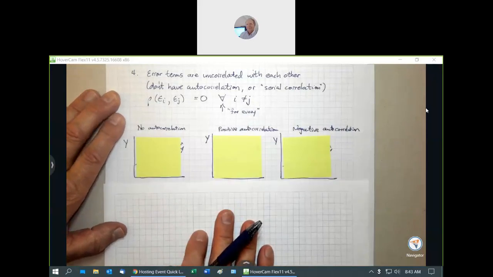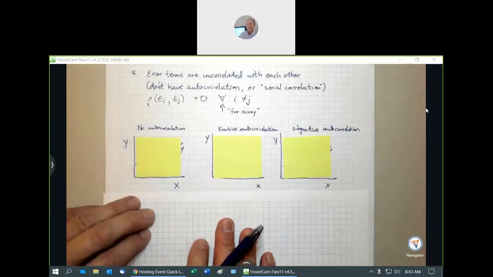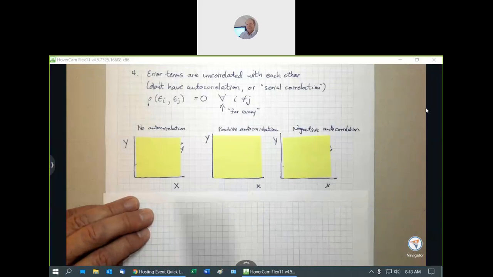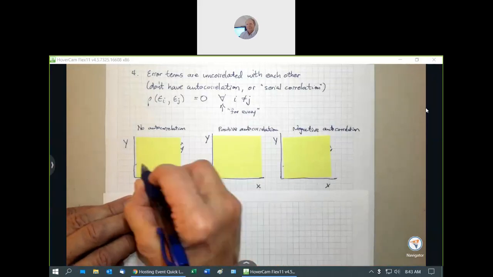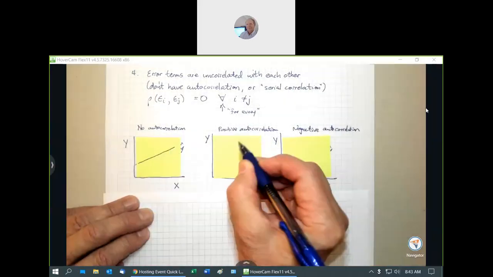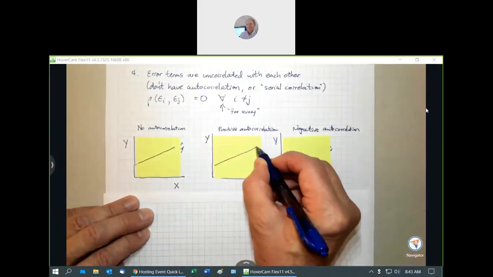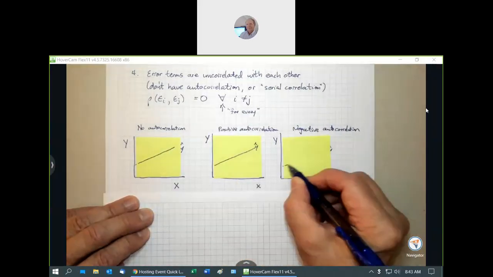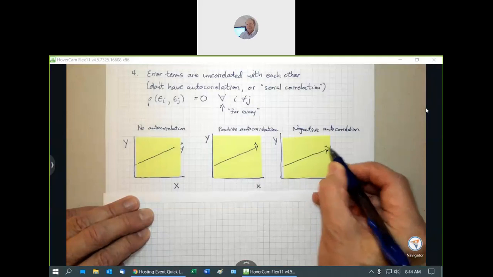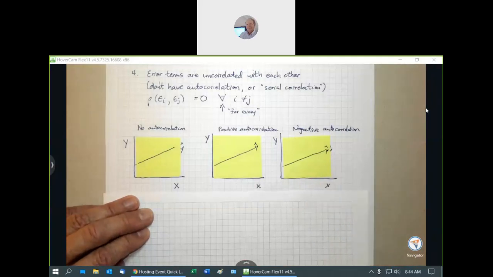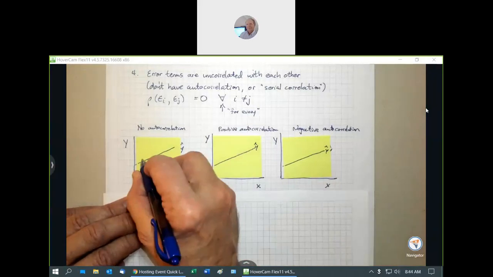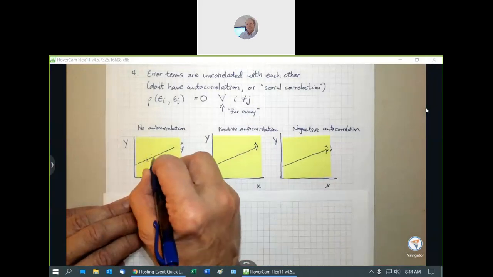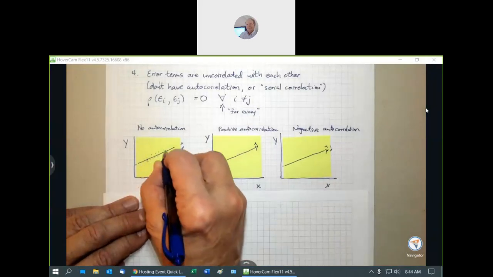If you have no autocorrelation, and here we have these three possibilities, you can hit pause here and draw 3 diagrams. I recommend that. If we have, in each case, a y hat line, that's our estimated regression line, we're going to see how this all looks. If you have no autocorrelation, then the dots are just randomly scattered around the line.